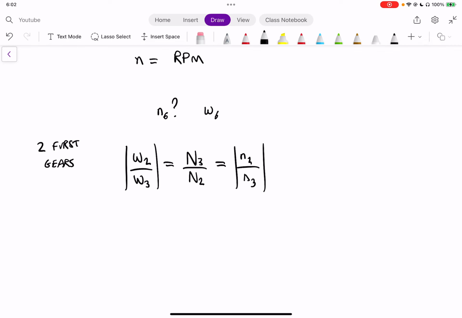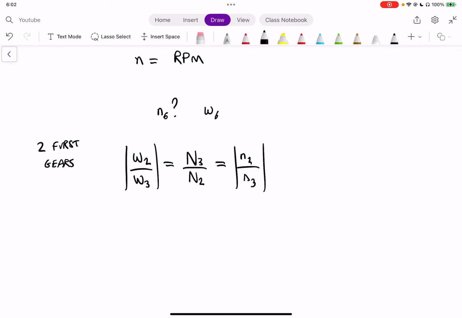I'm going to use this side of the equation moving forward for this type of problem. I need to be given something in my problem as an input. Usually n2 will be given because that's the input from a motor or something like that. So n2 is given, and the idea is to find n sub 6.